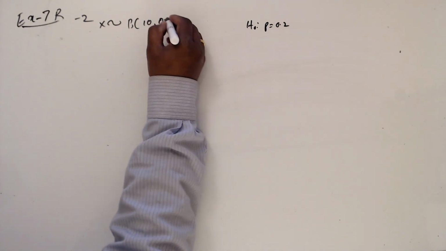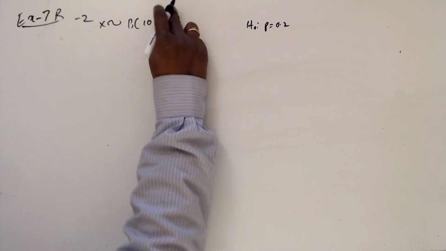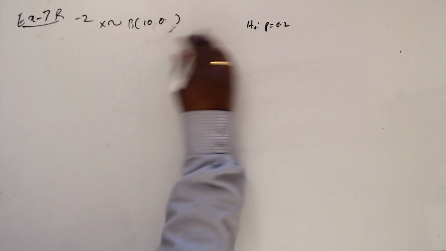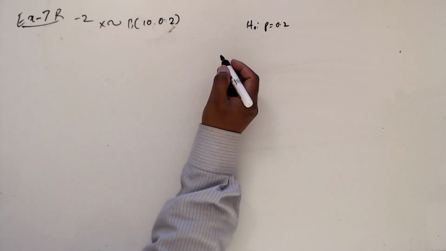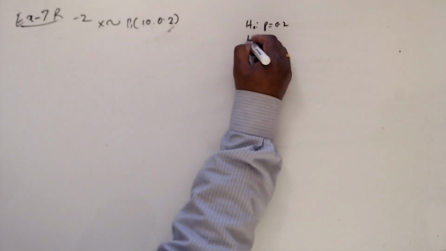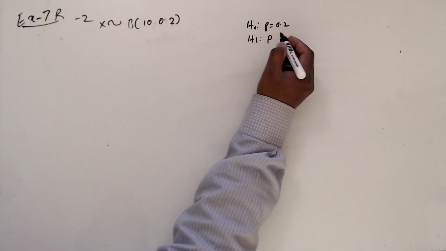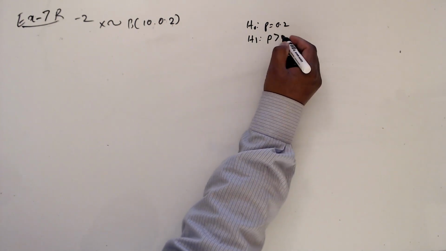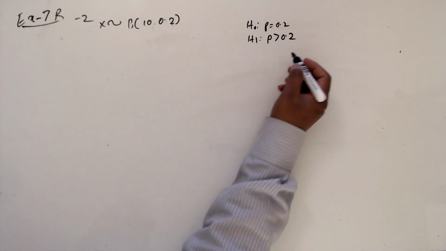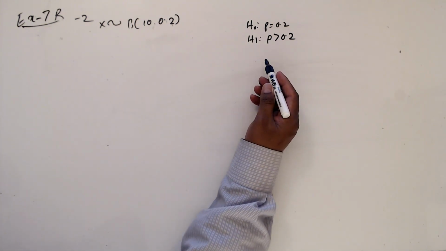So we need the 0.2 distribution, not 0.41 or any other one. How the probability distributes according to this value. So H1 is p greater than 0.2, so we have to use the upper tail in this one.